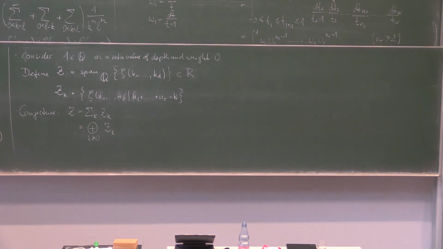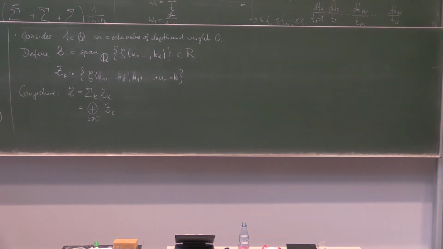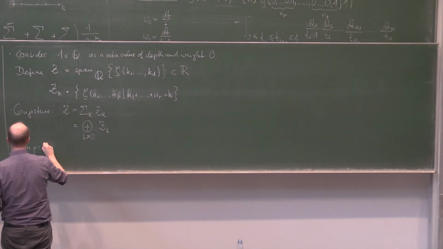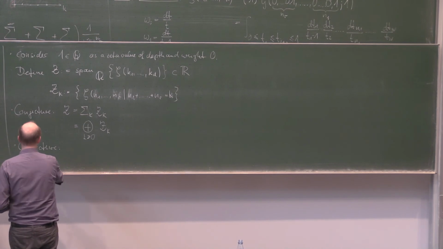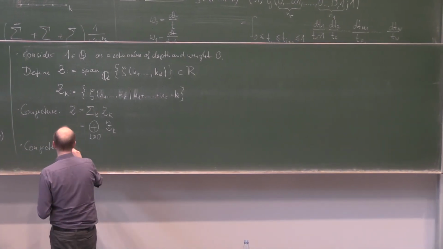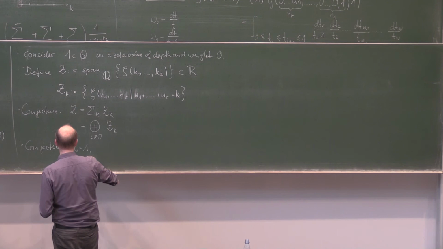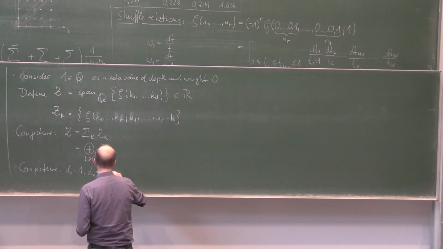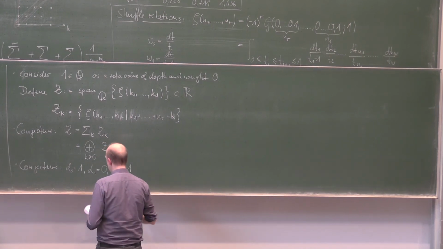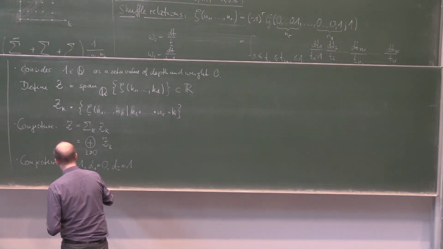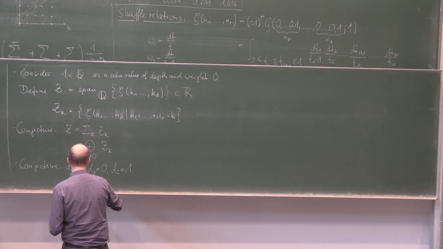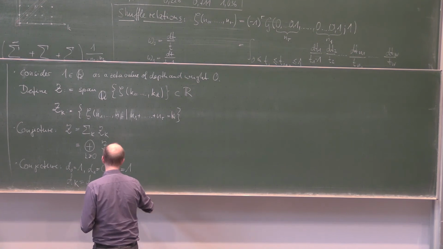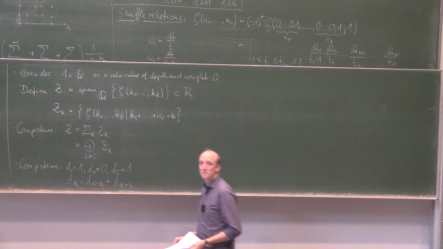So a further conjecture: let d0 equal 1, let d1 equal 0, and let d2 equal 1, and let dk equal dk minus 2 plus dk minus 3.